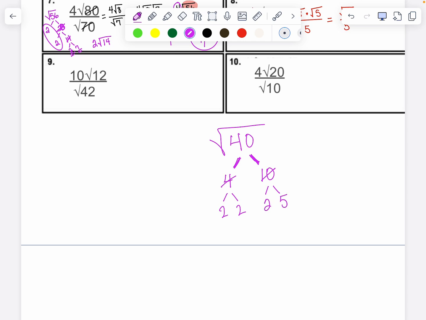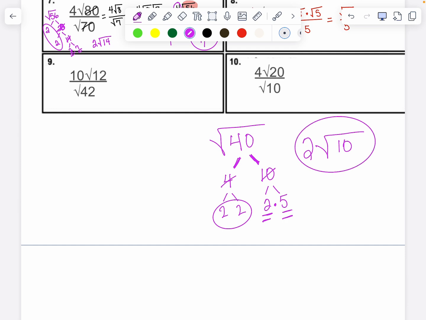Think of it like you're playing Go Fish. This is your hand. Single cards are left in your hand, and any pairs that you can make, you lay down outside your hand. So I have a pair of 2s. I lay that down. And in my hand, I still have a 2 and a 5. So 2 times 5 is 10.